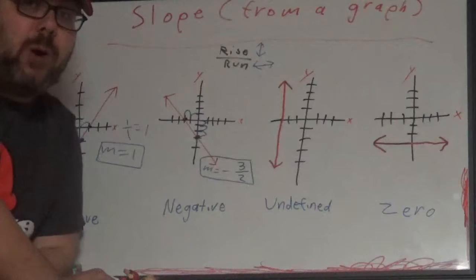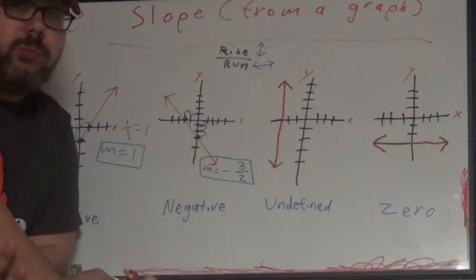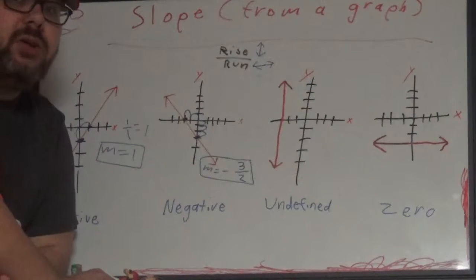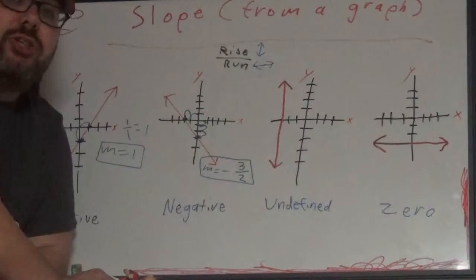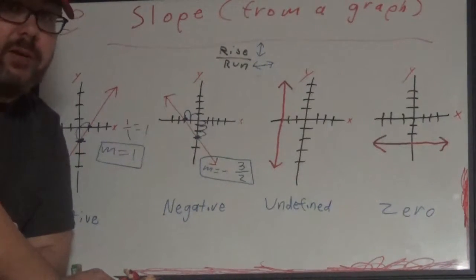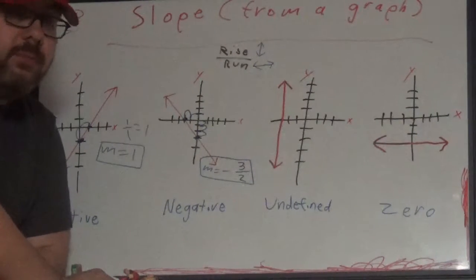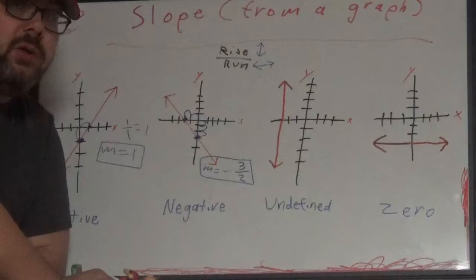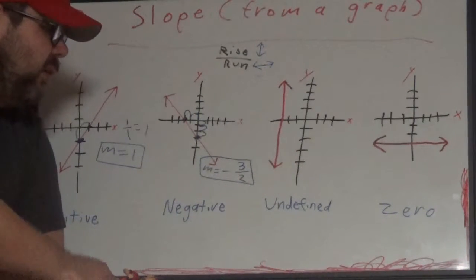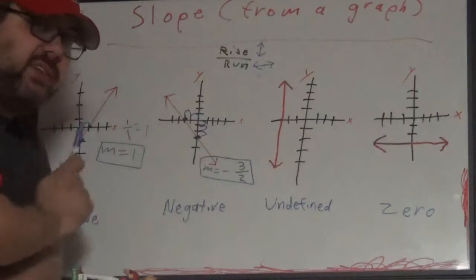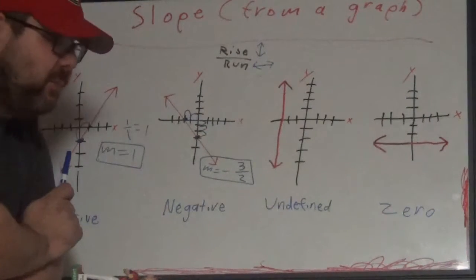When we're dealing with slopes, you can always keep it as an improper fraction. You just want your fraction to be simplified. So negative 3 over 2 is just fine. Don't turn it into a decimal. Don't turn it into a mixed fraction. This is the simplified answer.